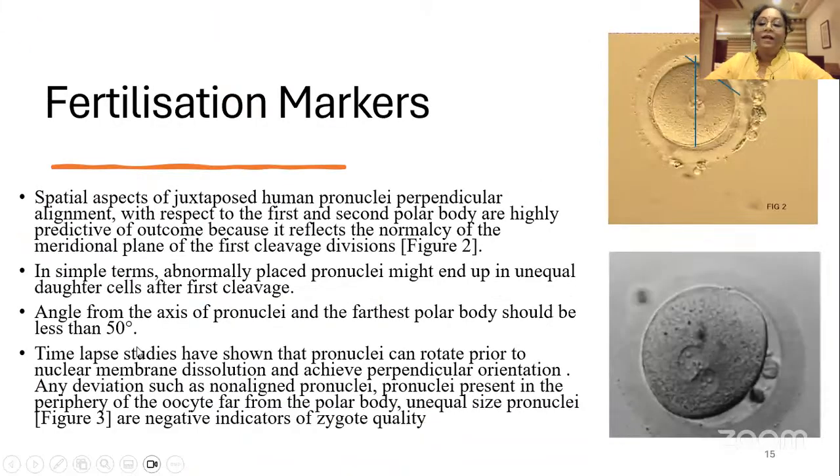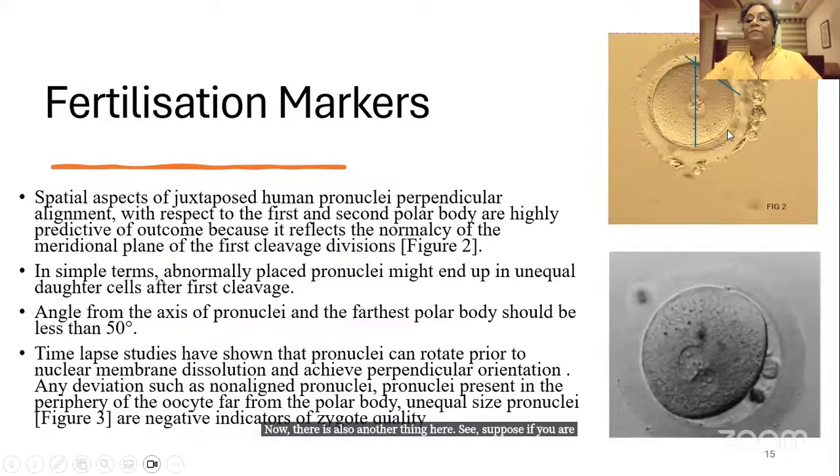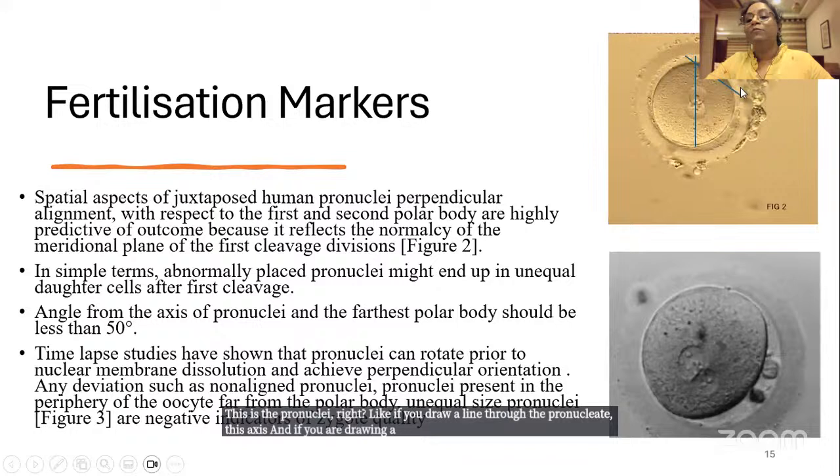Now, there is also another thing here. This is the pronuclei, right? If you draw a line through the pronuclei, this axis, and you draw a line through the polar body, there should be a perpendicular alignment instead of a parallel alignment.